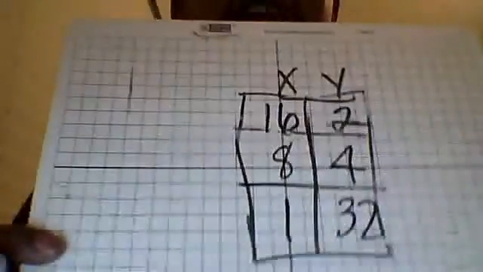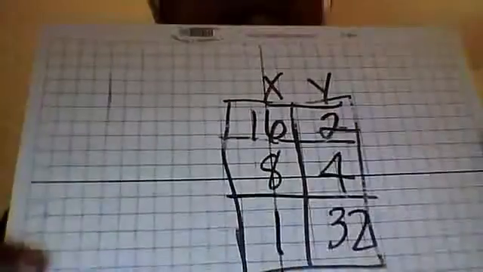So let's just say we have a table. Okay, let's just say we had this table, and I apologize for it looking a little rough or for my lack of penmanship here.